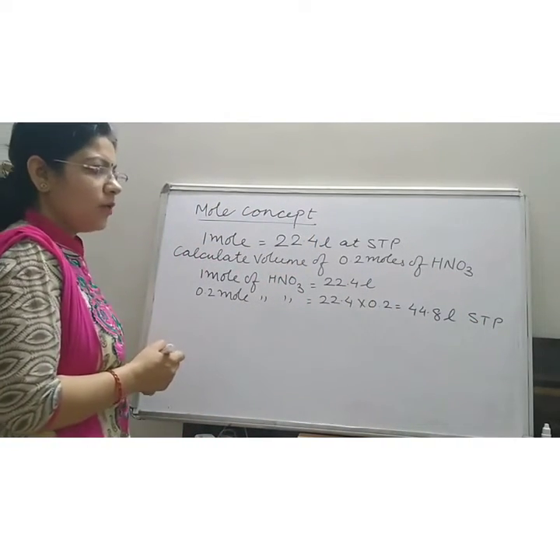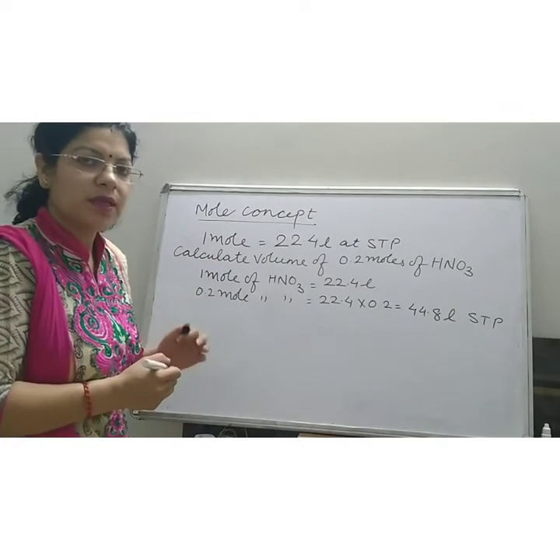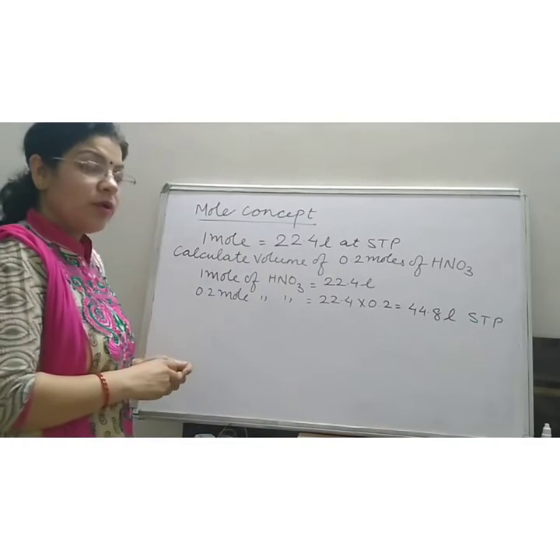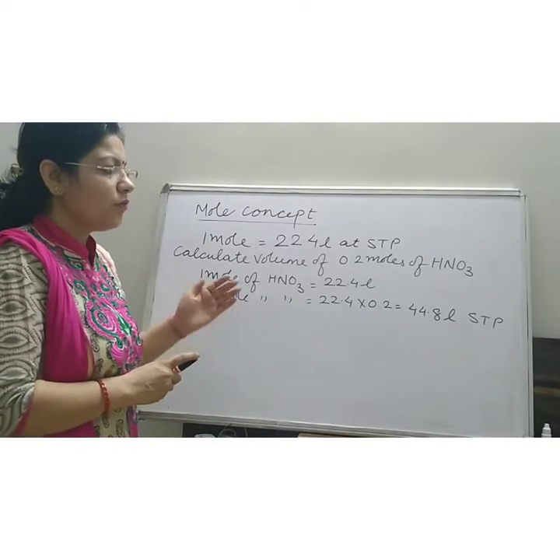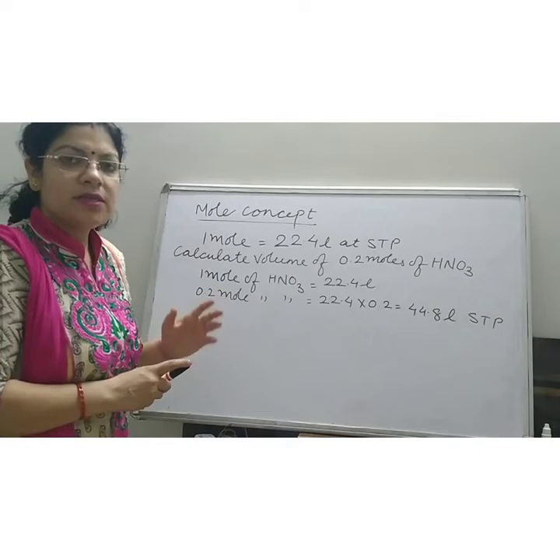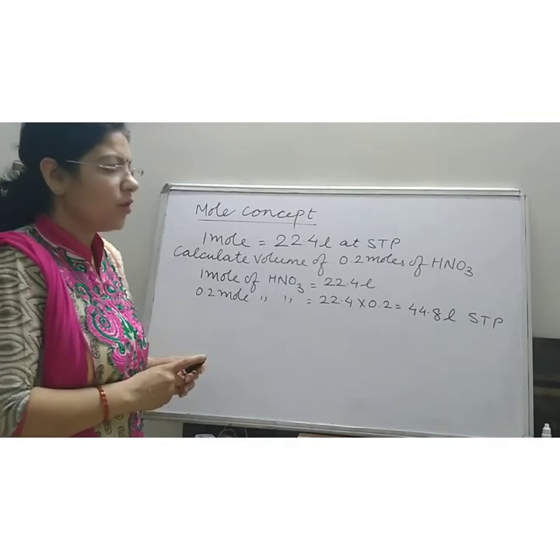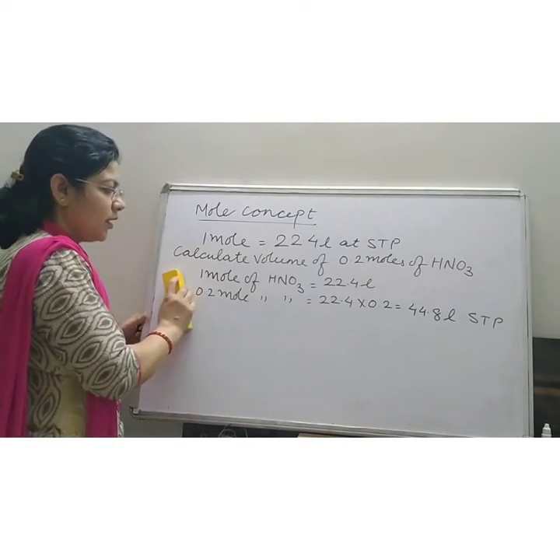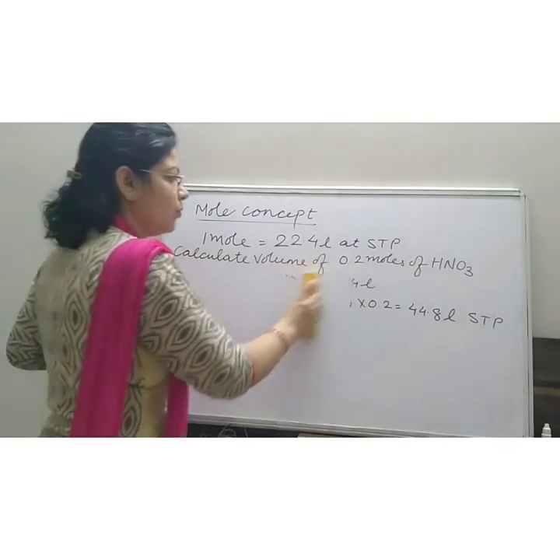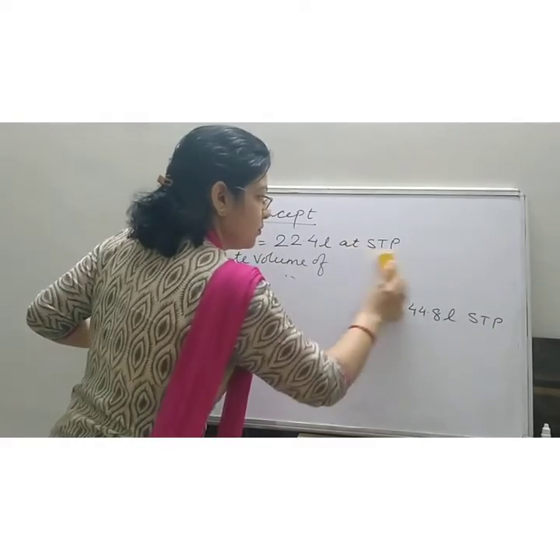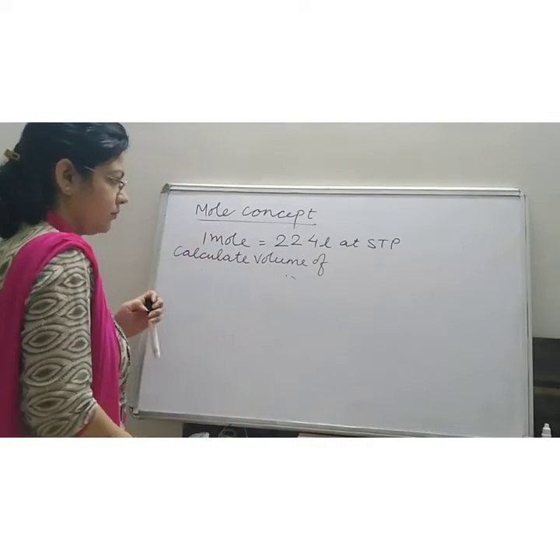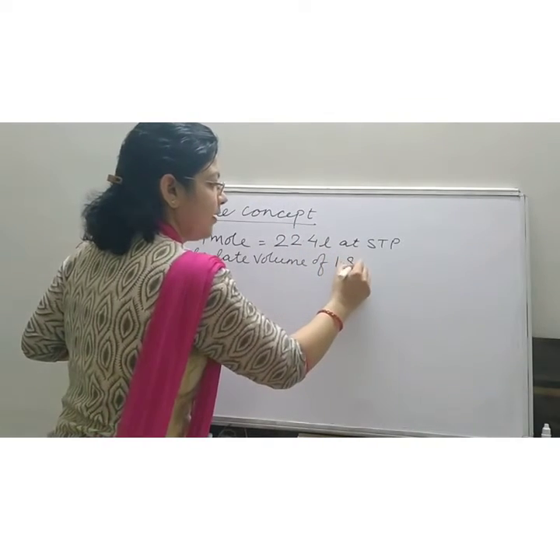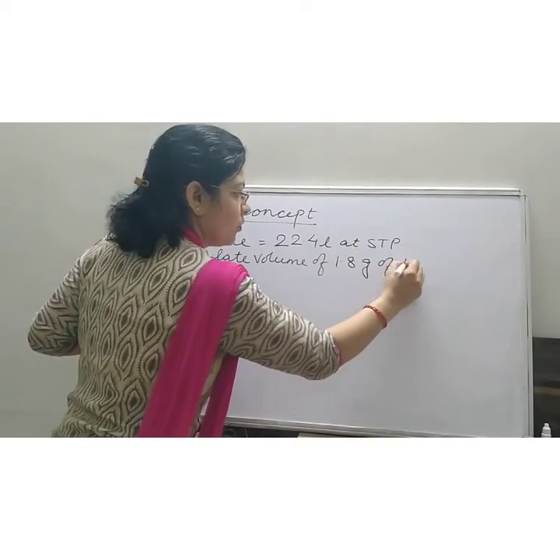Similarly, you can calculate the number of moles present in the mass of the substance, or you can also calculate the volume of the substance present in the given mass of the substance. How can we find the volume? See here, calculate the volume of 1.8 grams of water.